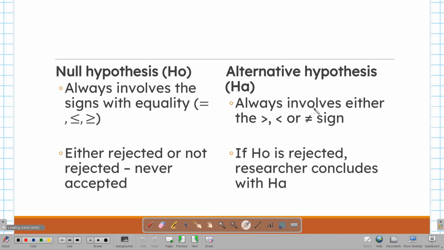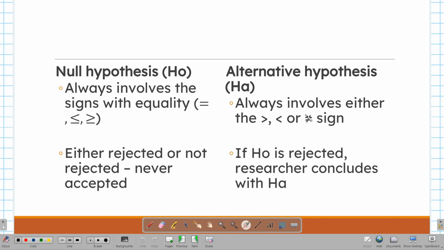Why is that? Because the null hypothesis should always involve signs with equality. It's either equal, less than or equal to, or greater than or equal to. The alternative hypothesis would involve the inequality symbols greater than, less than, or not equal. And if the claim in the problem involves these expressions, then the claim is HA, not HO.